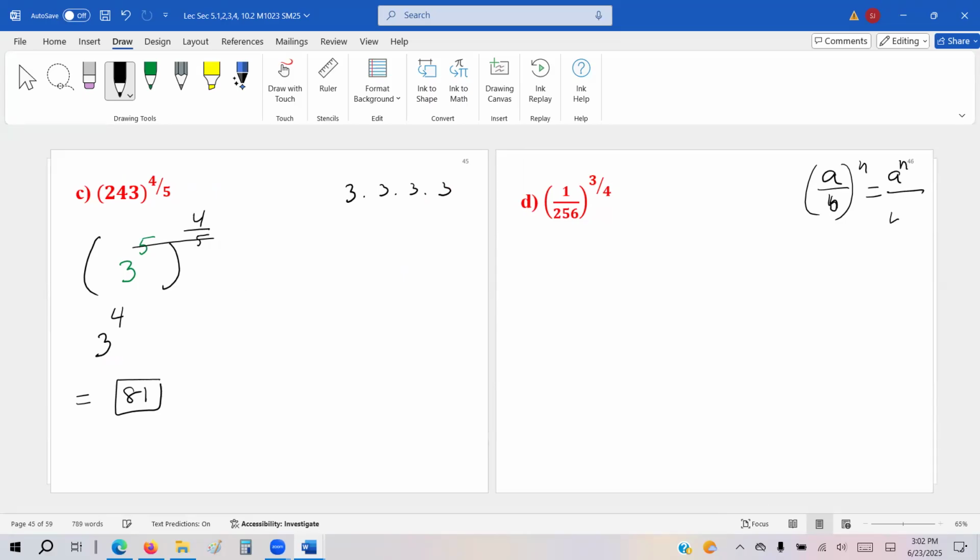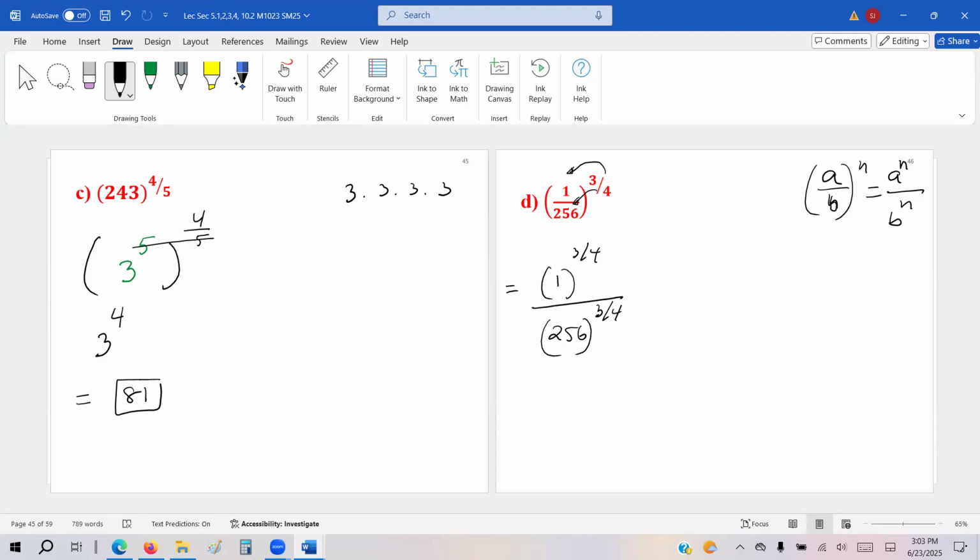A to the n over B to the n. We can do the same thing here. These 3/4 we can put on the top and on the bottom. So we have 1 to the 3/4 over 256 to the 3/4.